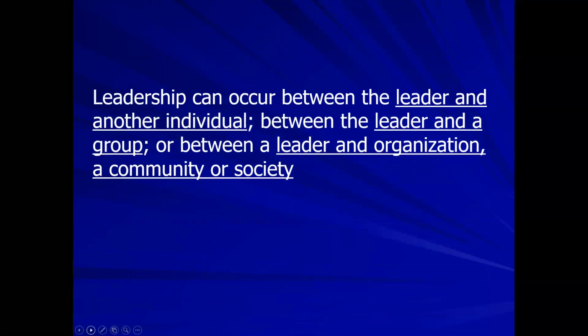Leadership can occur between the leader and another individual. It can also be in a group of individuals or a large number of people, such as an organization, a community, or maybe a society. So you can be a leader in the eyes of your child, in the eyes of your family, but also you can become a leader in the eyes of the whole community as well.